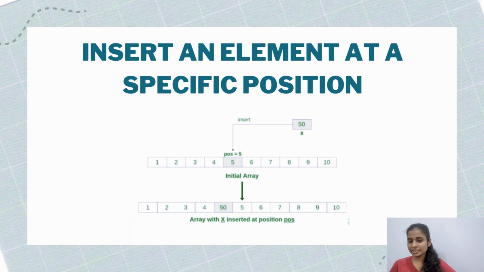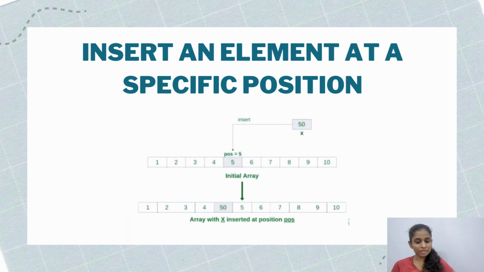Let's see how to insert an element at a specific position. First, get the element to be inserted, say x. Then get the position at which this element is to be inserted, say pos. Create a new array with the size 1 greater than the previous size.